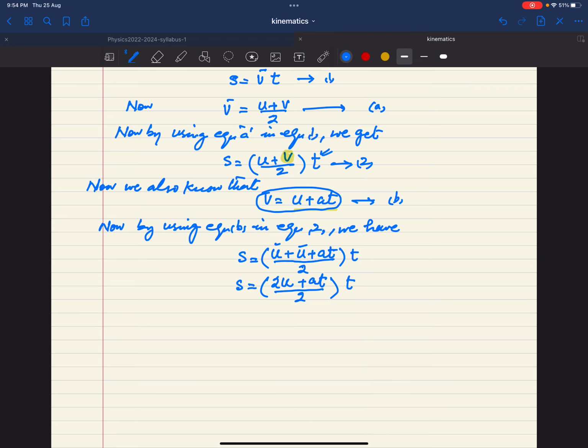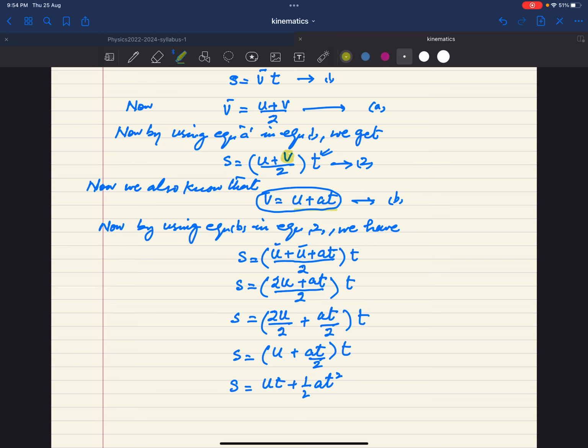Then we can write s is equal to 2u divided by 2 plus at divided by 2, into t, and ultimately you get u plus at, and here you have t. When you simplify the above equation, you get ut plus half at square, and this equation is nothing but the second equation of motion.